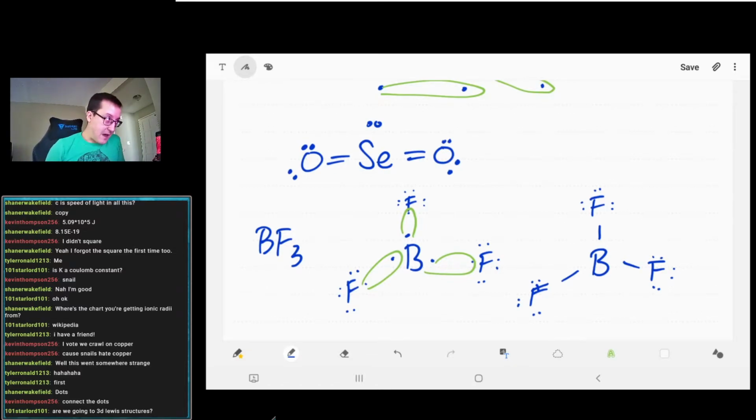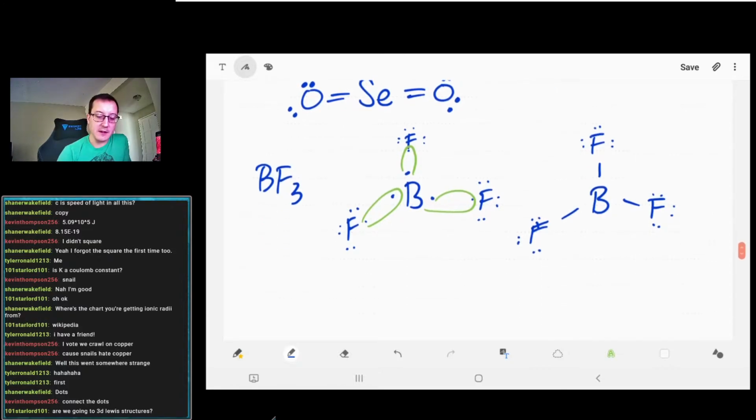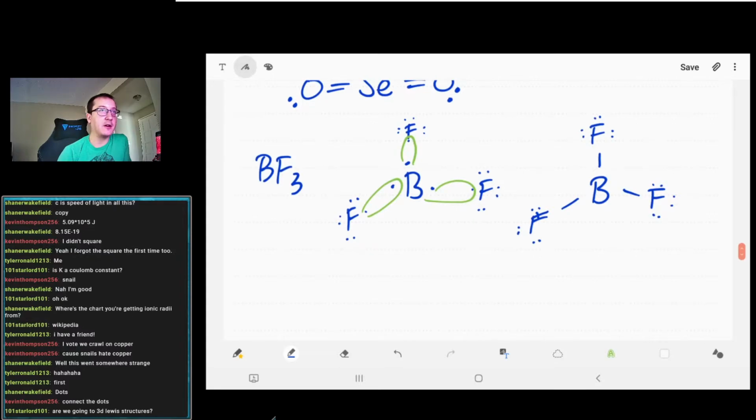Alrighty. So now, what if I told you that the fluorines didn't like each other? The fluorines are pretty electron dense. They do not want to be located nearby other fluorines. And we're going to see that they will arrange themselves attached to boron such that they are as far from each other as possible.